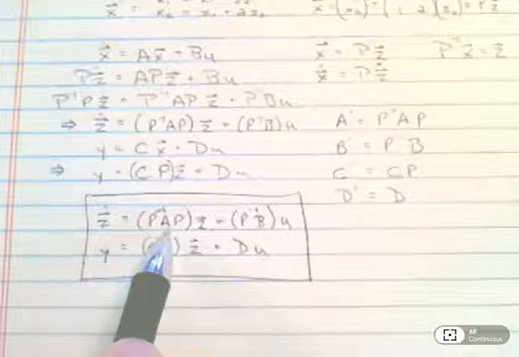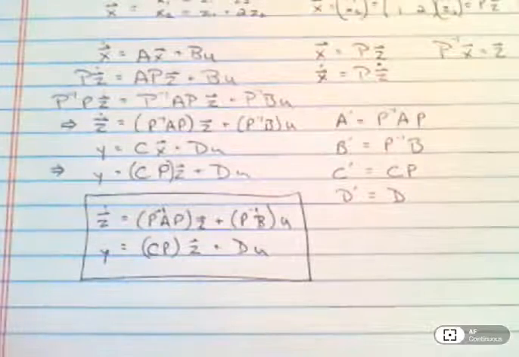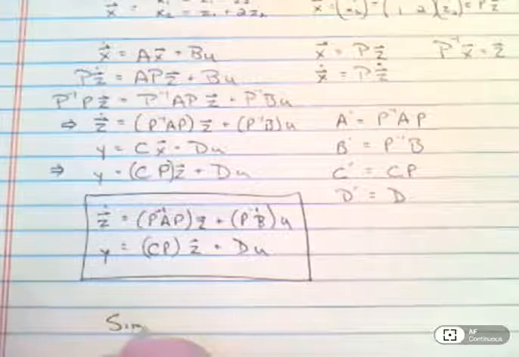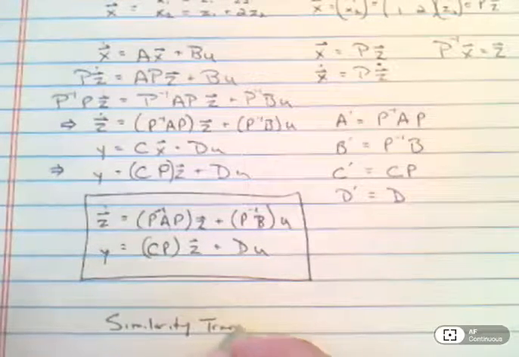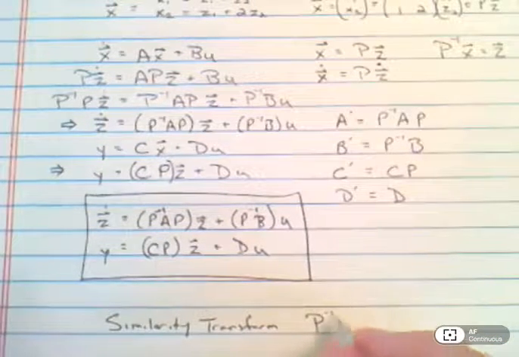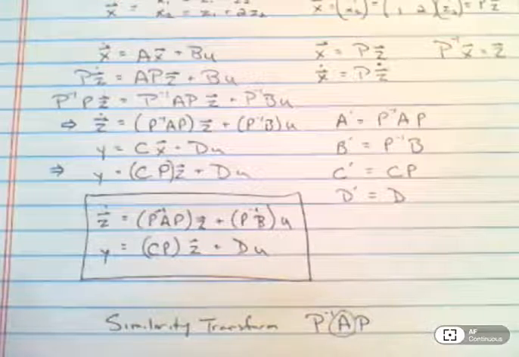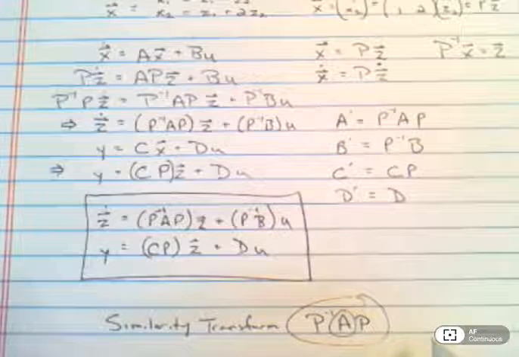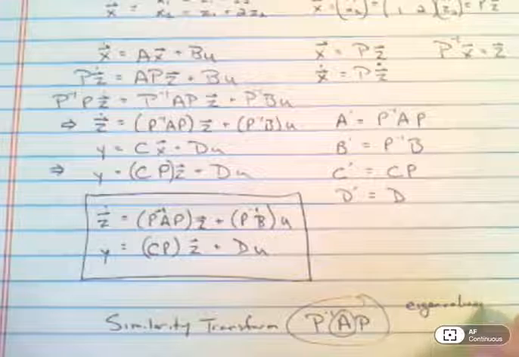The individual values in the different positions of the matrix will change, but the eigenvalues will remain the same. So I have something known as a similarity transform. A similarity transform looks like P inverse AP. That is a transform on the matrix A to a new matrix, P inverse AP, and the eigenvalues will be the same. So the eigenvalues are conserved.